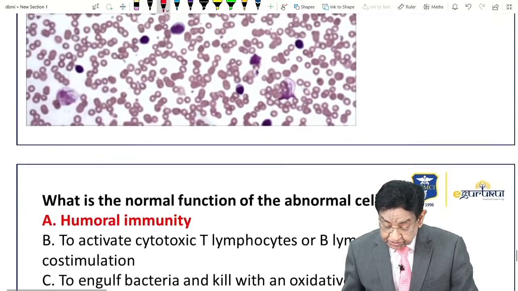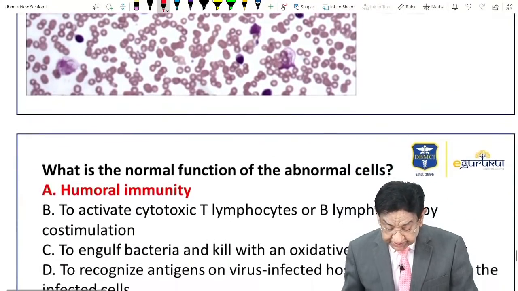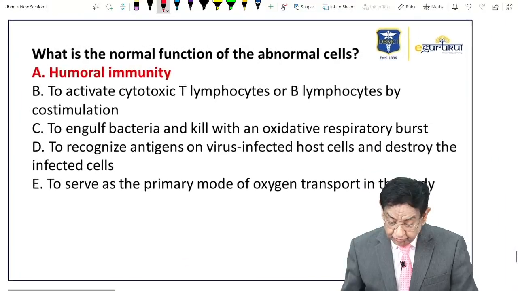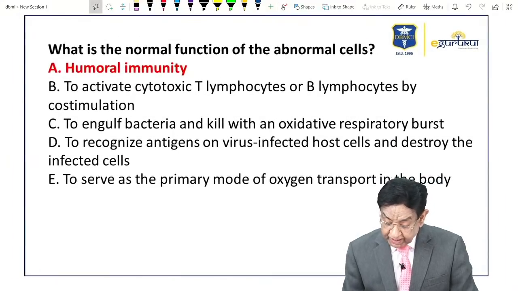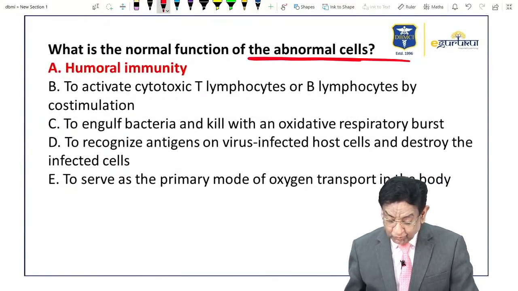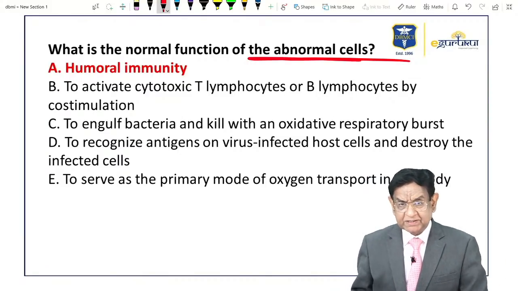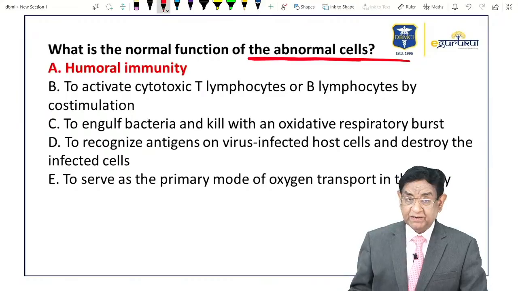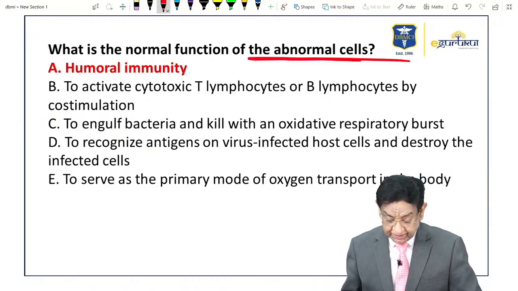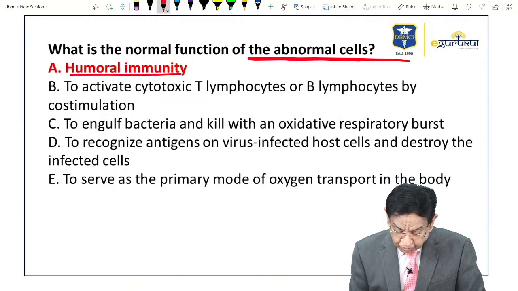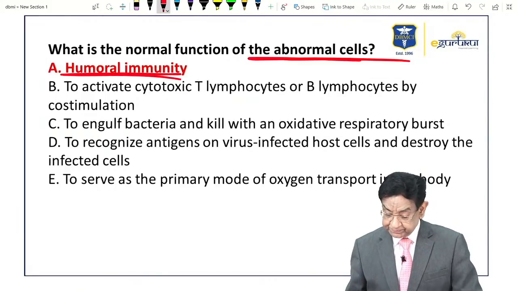We are getting a lot of cells there. What is the normal function of the abnormal cell? He's saying a large number of cells are there. What's the normal function? They are lymphocytes. They produce immunoglobulin. They are concerned with humoral immunity.